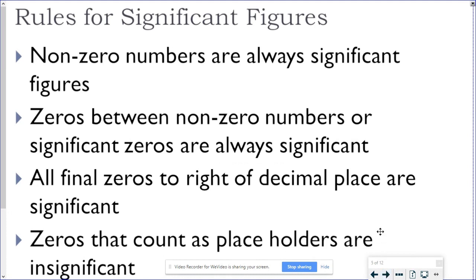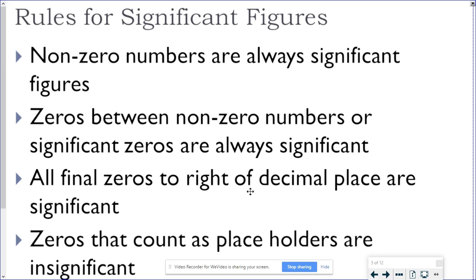So we have rules for determining how many significant figures we have based on a number that we're given. All non-zero numbers are always significant. Anytime a number is between 1 and 9, always significant. Zeros between non-zero numbers are significant, and I'm going to show you examples of this on the next page.